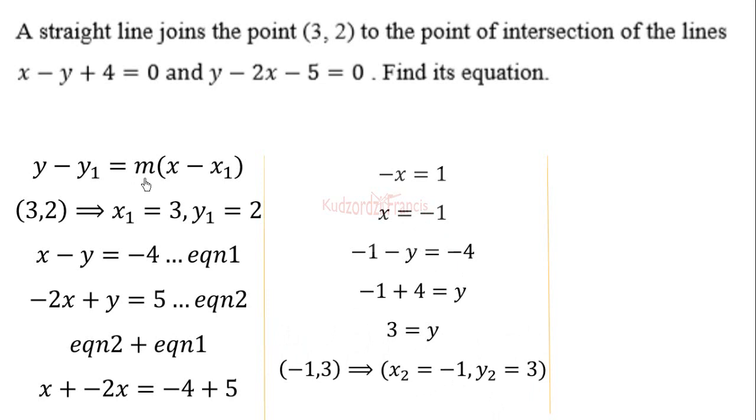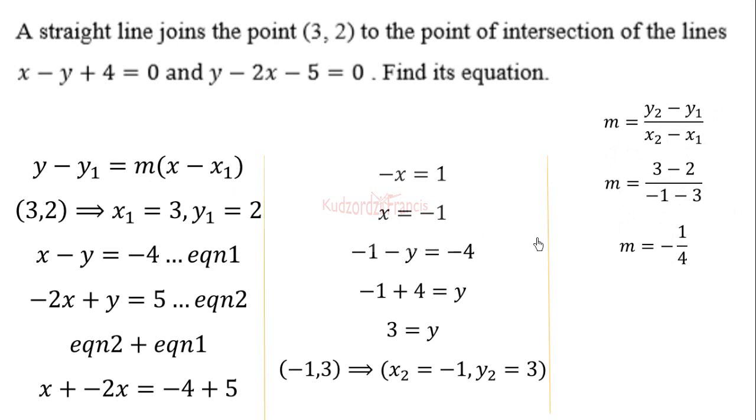What do we need next? We need our gradient. So we substitute the points into the formula for the gradient, which is y2 minus y1 over x2 minus x1, and that will give us 3 minus 2 over negative 1 minus 3, which is negative 1 over 4. So the gradient for our line is negative 1 over 4.